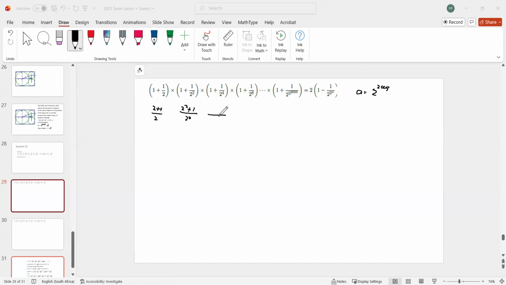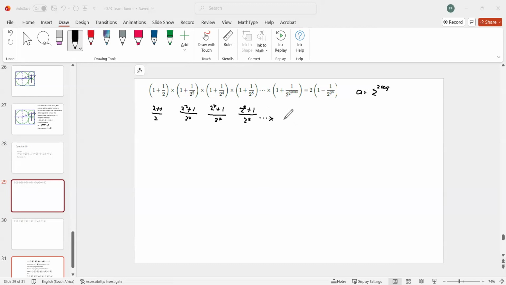And here the denominator is 2 to the 4th. 2 to the 4th plus 1. I'm not simplifying it because I want to preserve the patterns. When you start working on the numbers you destroy the patterns. So here you got 2 to the 8 at the bottom. You got 2 to the 8 plus 1. Right. And then you got all these things multiplied.